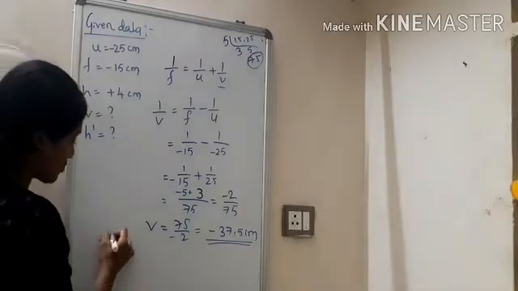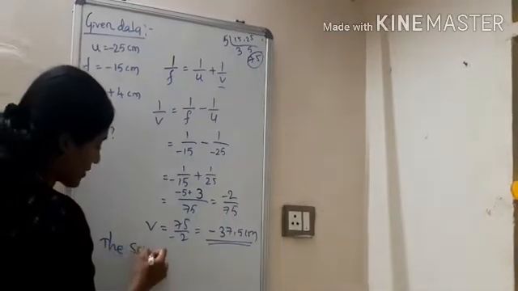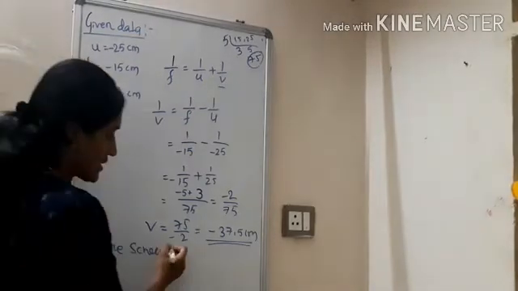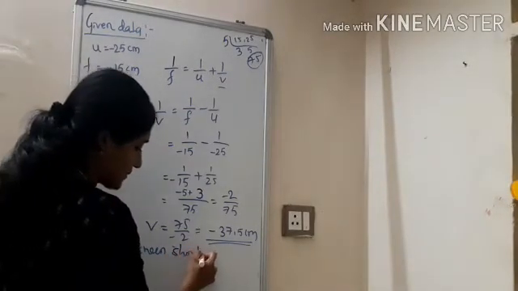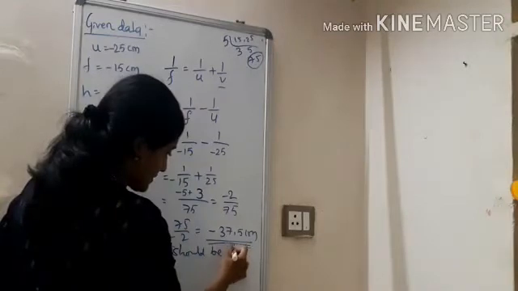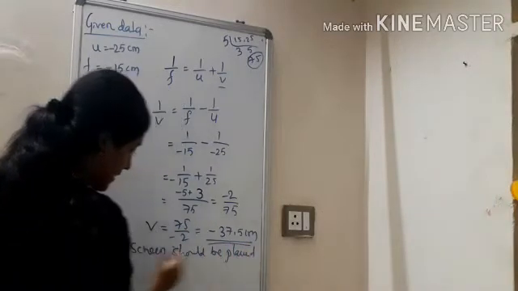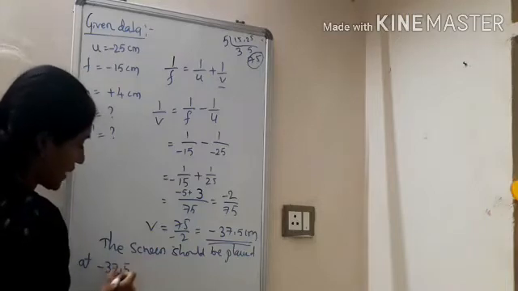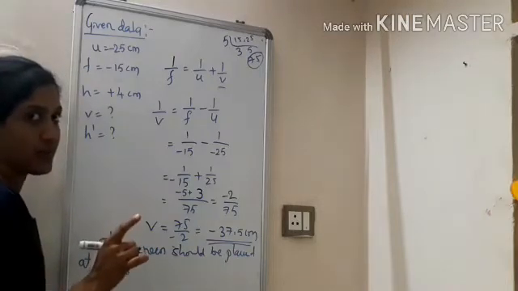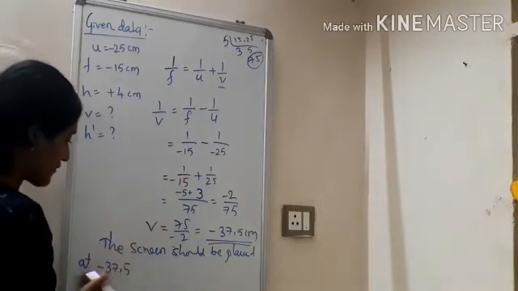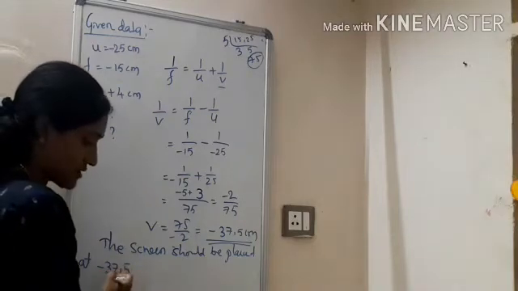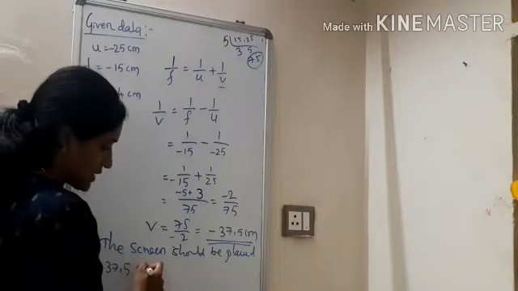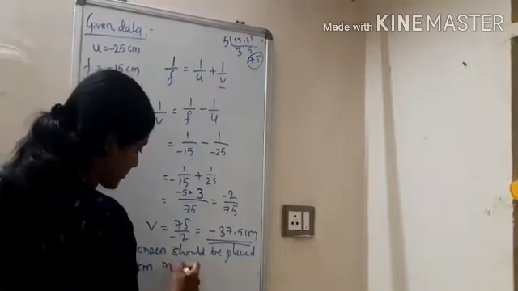The screen should be placed at 37.5 centimeter. Write down the conclusion for this image distance. You have to mention the negative sign because this is in front of the mirror: minus 37.5 centimeter in front of the mirror.